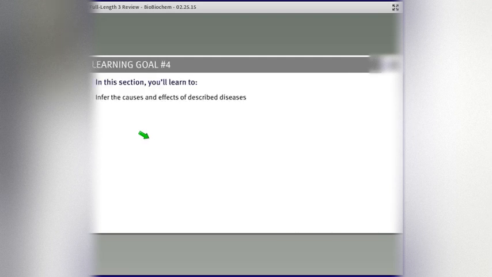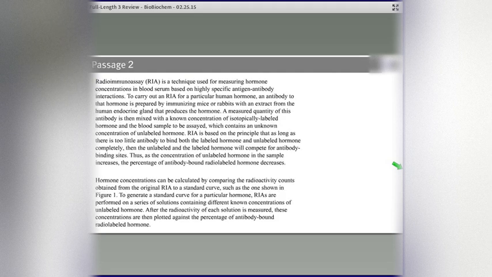We'll go back to the slides. Every once in a while, the slides do get a mind of their own. So here you have antibody, labeled hormone, and unlabeled hormone, and they're both competing for the same antibodies.